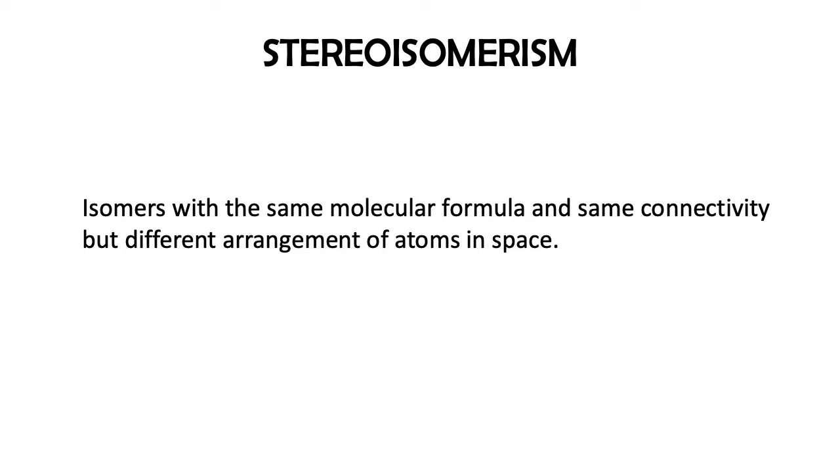Maksudnya, kalau kita bayangkan dia terapung, connectivity dia sama, semua connected. Katakan macam mana madam bagi imagine, katakan carbon ni dia connected dengan A, B, C dengan D for example.